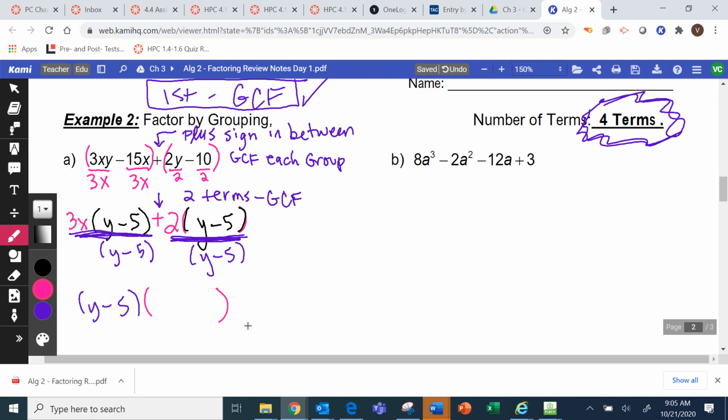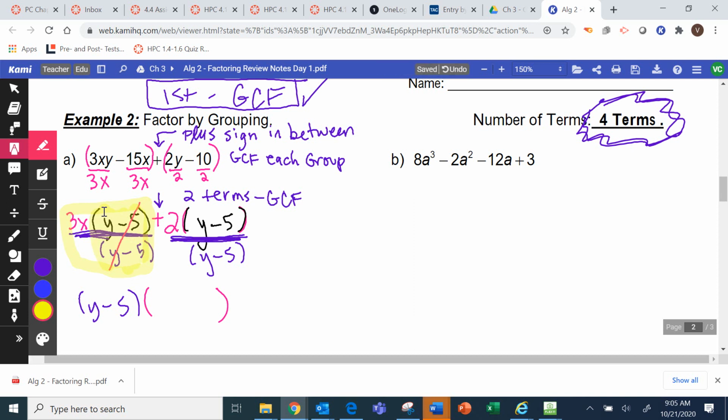So when I go back and I'm taking out the y minus 5 from the first term, what is left over in the first term? No, so I'm taking out the y minus 5 right here. What's left over? Here, maybe if I do it this way. Here's my first term, and I took out the y minus 5. What's still there?